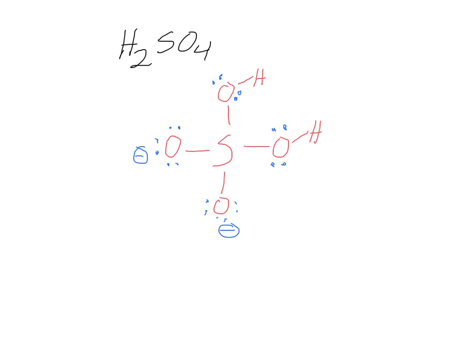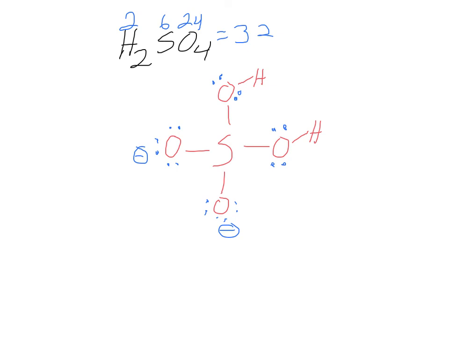Our charge is 0. So let's go through what the charge really is here. Let's count our valence electrons. Hydrogen has how many valence electrons? 1, but there are 2 hydrogens, so it's 2. Sulfur has how many? 6. Oxygen has 6, times 4, 24. 32. 32 electrons total, right?